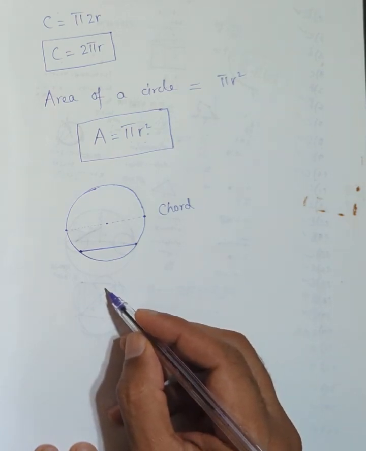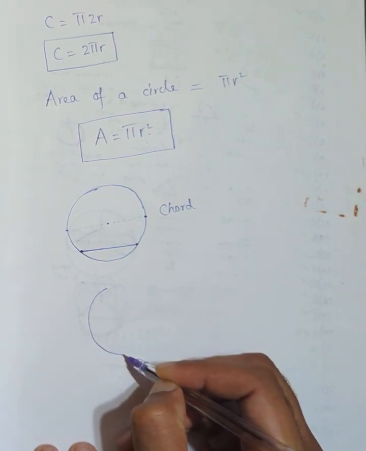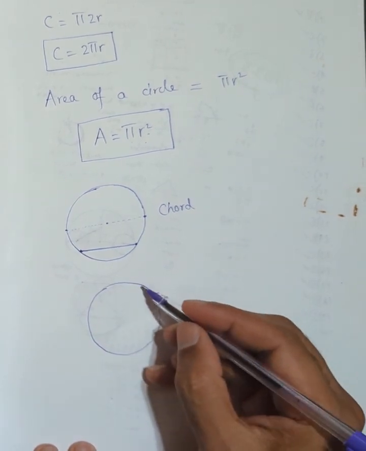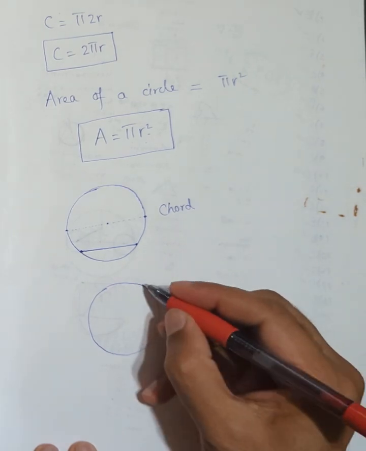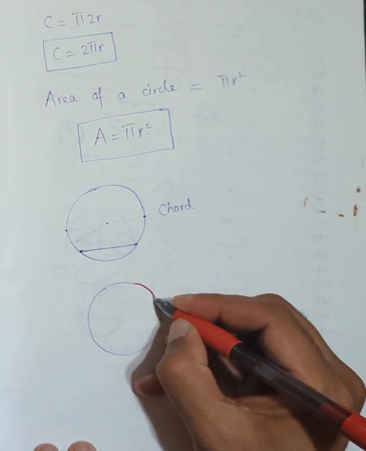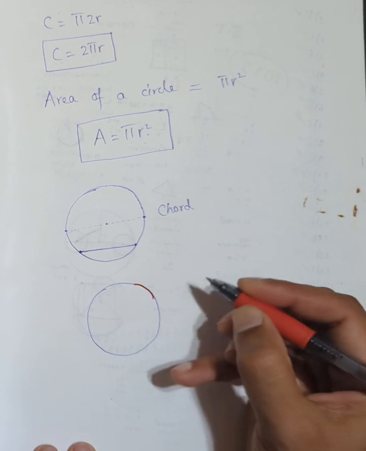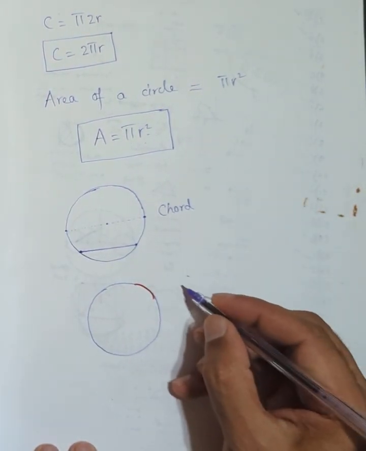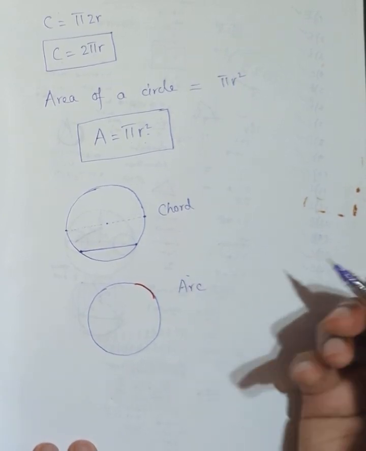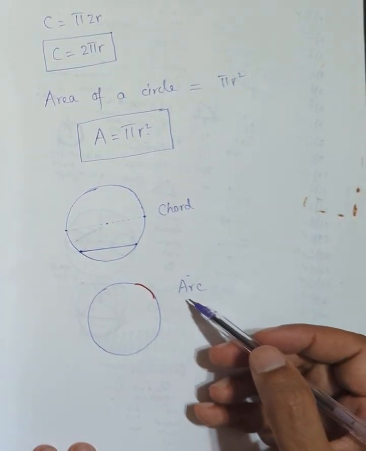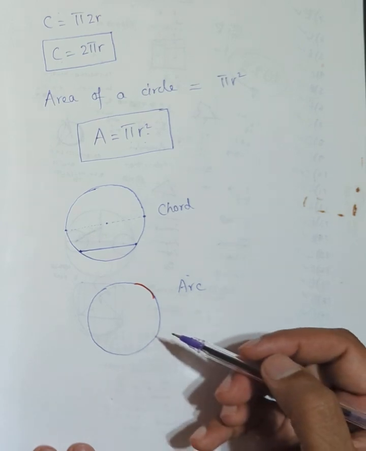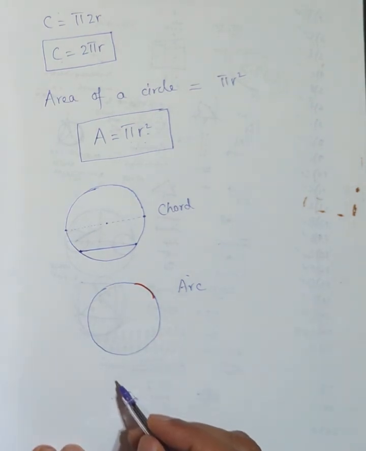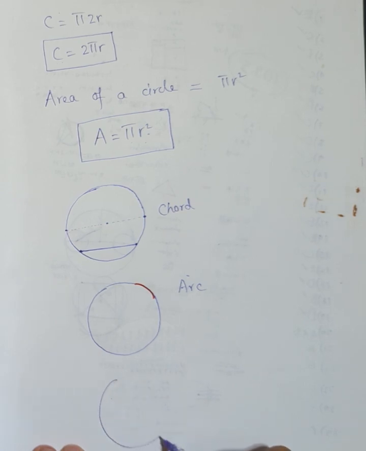And then I can look at a part of a circle. If I just take the part of the circle, this is called arc. So what is an arc? Arc is part of the circle, or you can say it's part of the circumference of a circle. And then we can write down one more term.